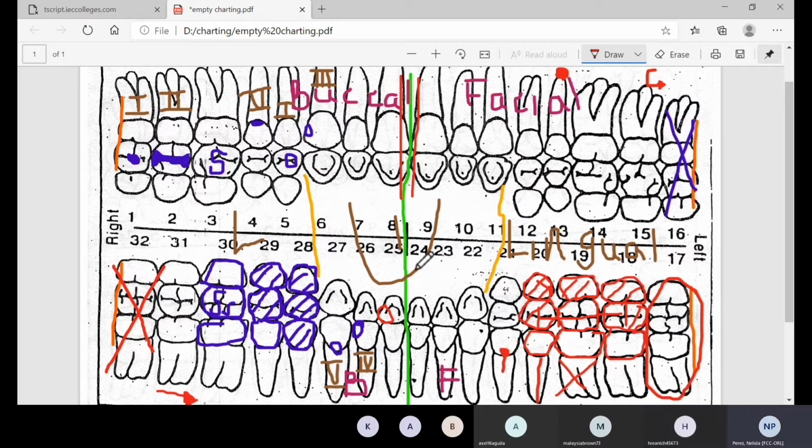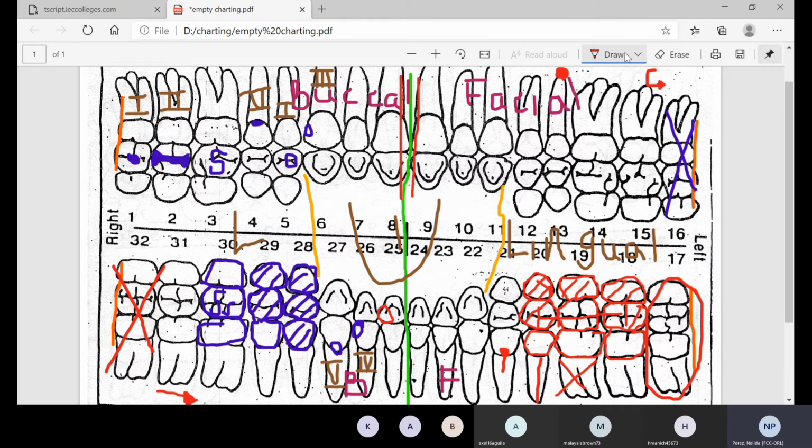So now the arrow is pointing towards the midline. If the arrow was pointing back, it would be the distal, but because it's pointing to the front, that means the mesial. So this tooth is drifting to the mesial, meaning that it's slanted or moving forward. It will usually be in red. And then once we fix it, we would take the arrow and turn it blue. But when it's drifting, we put it in red.